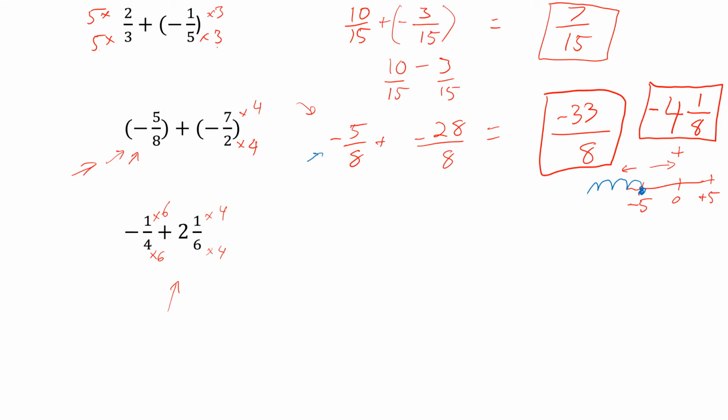Now one thing that you might be noticing is that if I go 4 times 6, okay, that's going to be 24. We're getting some bigger numbers that are a little bit more difficult. Maybe there's a better way. So instead of timesing it by 6, we just want to have a common denominator. So what happens if I times this one by 3?